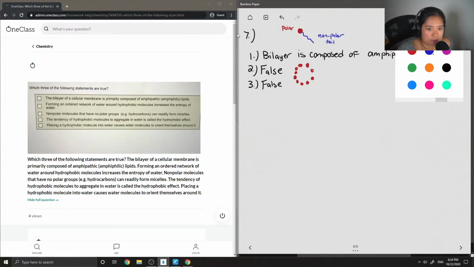So fun fact, micelles are used in soaps and detergents, and they're the reason why we can trap dirt on the inside of them and then using water, just wash it out. So basically you need both nonpolar and polar groups to form micelles.